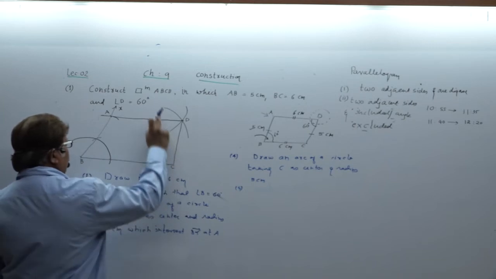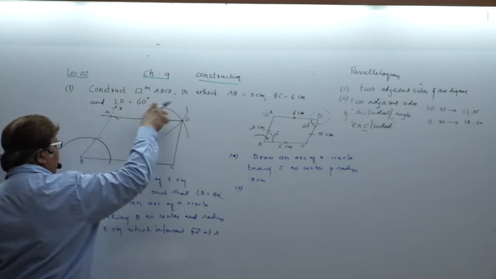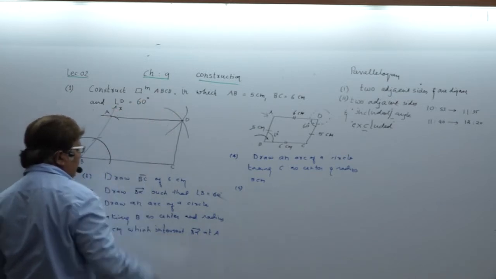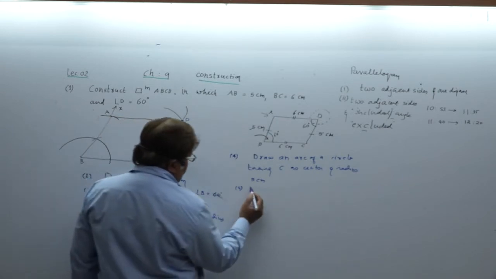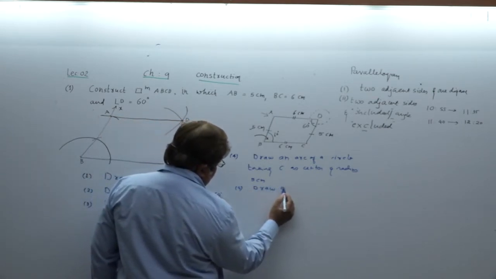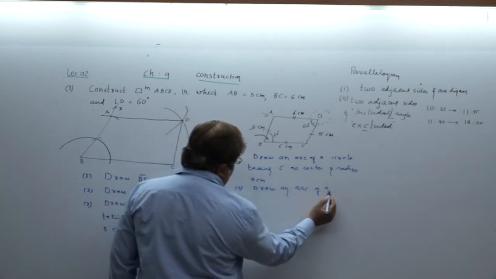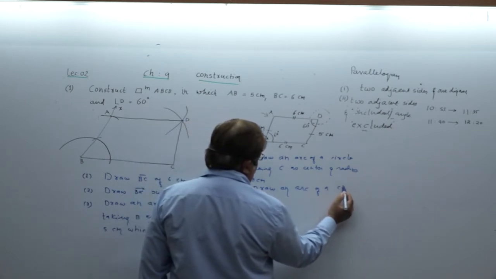After you have drawn this arc, you have centered your compass at A, and by taking radius of 6 centimeter you have drawn another arc. So your step will be like this: draw an arc of a circle.